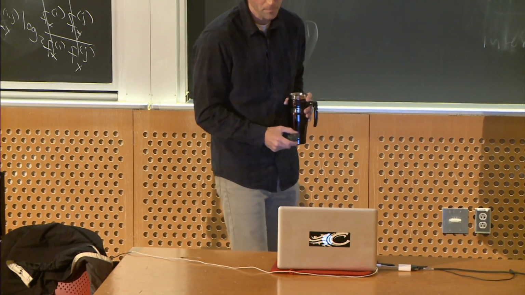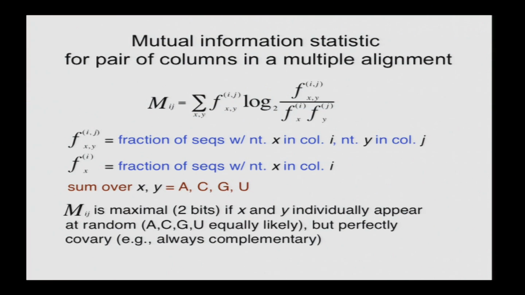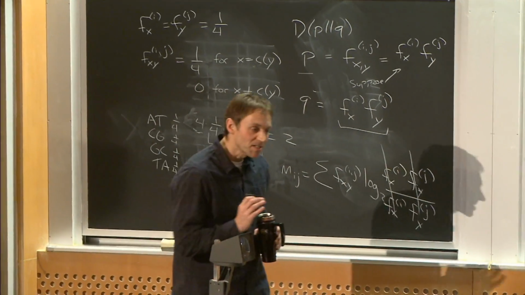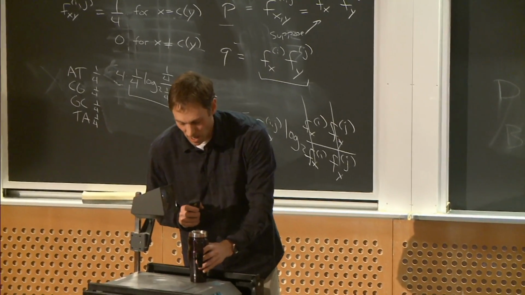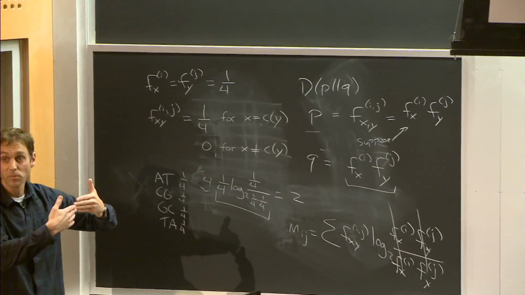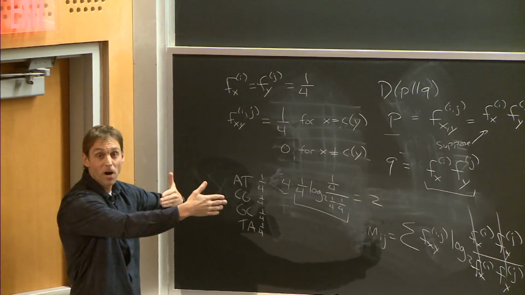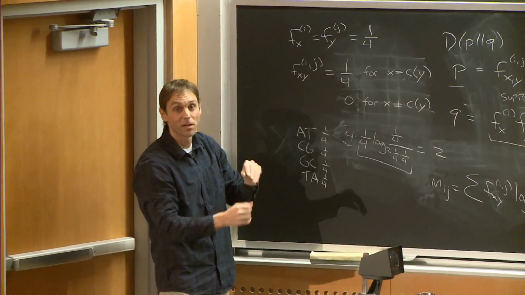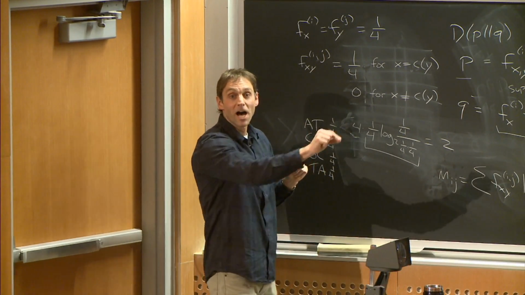They don't have to be complementary. It would achieve this maximum of 2 if they are complementary, but also if they had some other very specific relationship between the nucleotides. So the way you would use it is take your multiple alignment and calculate the mutual information of each pair of columns. You actually have to make a table, I versus j, of all possible pairs of columns, and then you're going to look for the really high values.